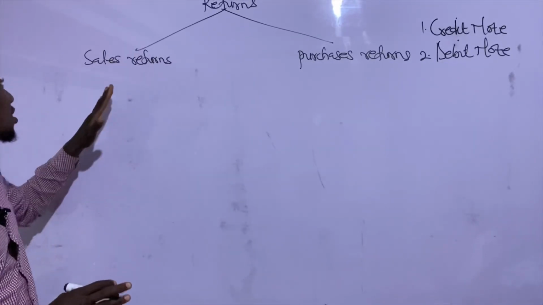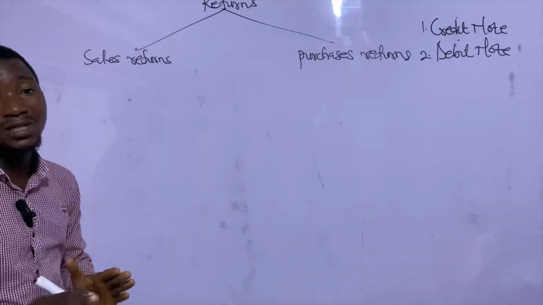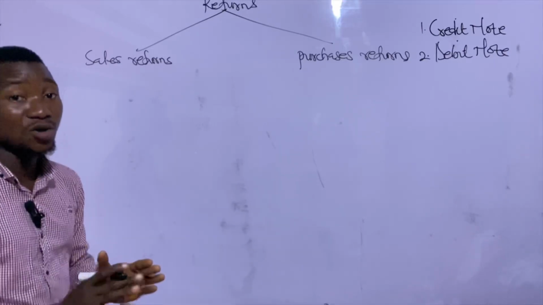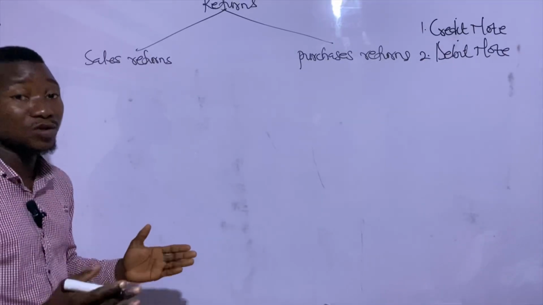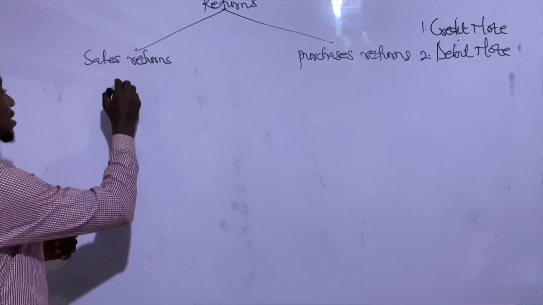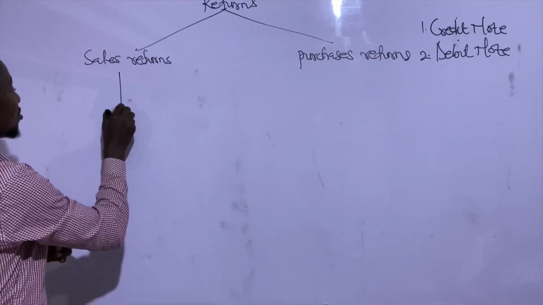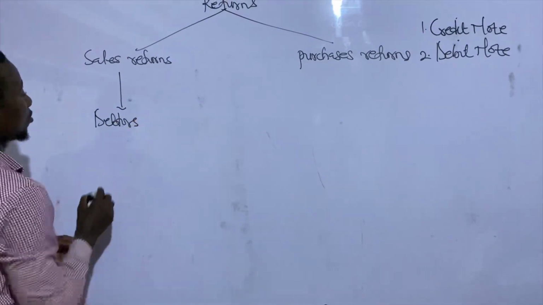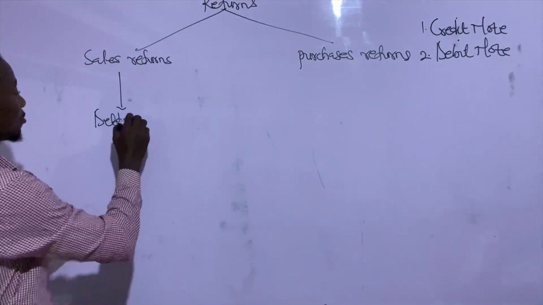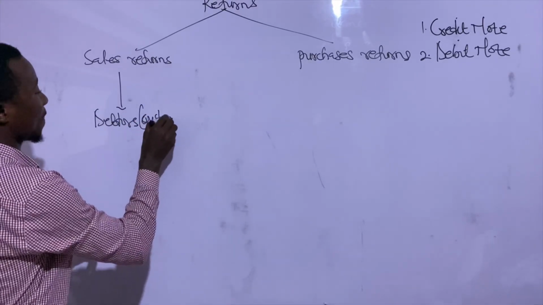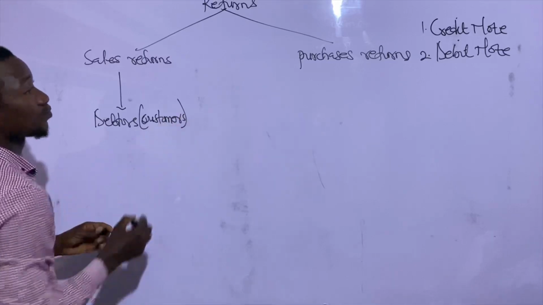So when we talk of sales return, it occurs when customers or debtors return goods to businesses because of the goods being faulty or damaged. Okay, so sales return is in relation to what? Customers or debtors. So I will say debtors, or what we call customers. Good.